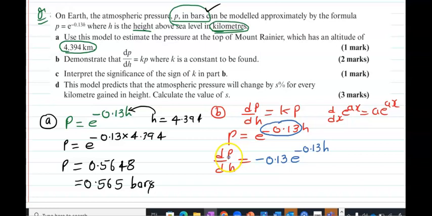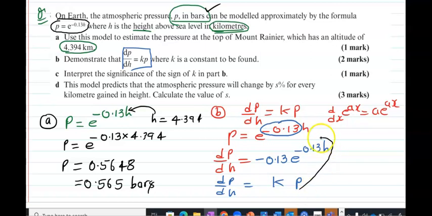Now next they are saying dp over dh is kp. So let's write down here, dp over dh is k and p. So what is our p value here? Our p value, see, p is e to the power minus 0.13h.